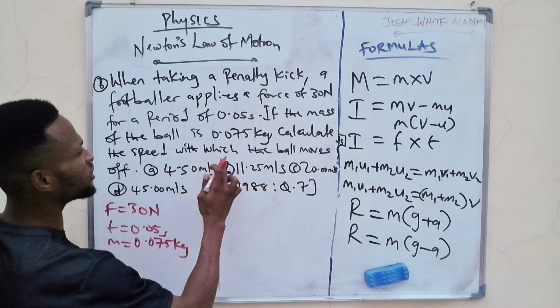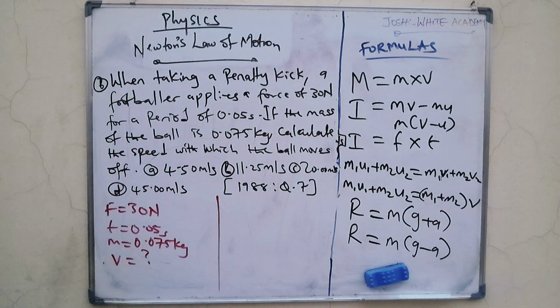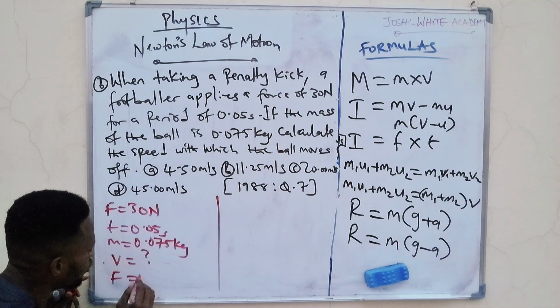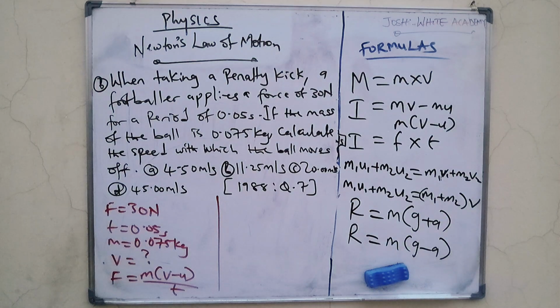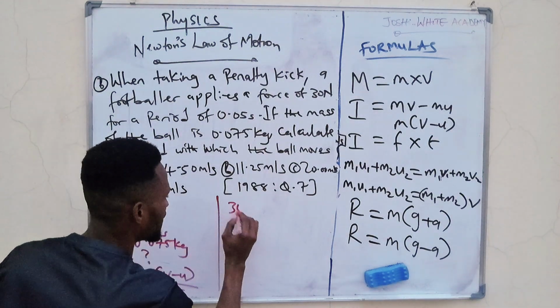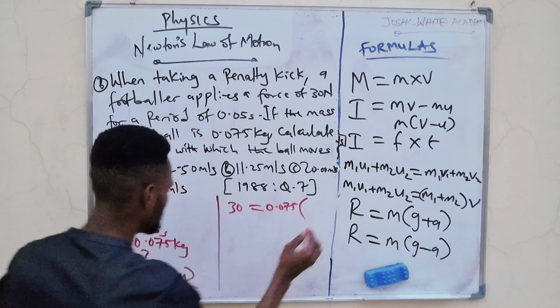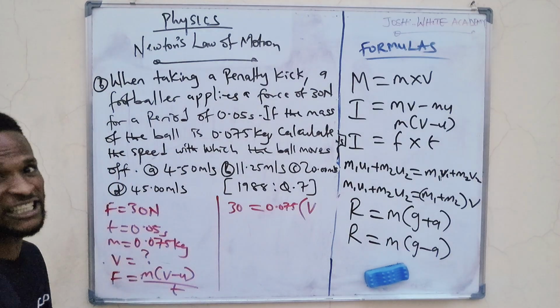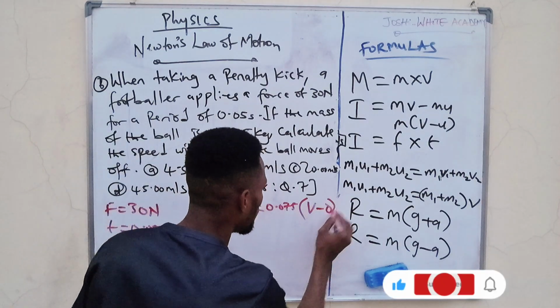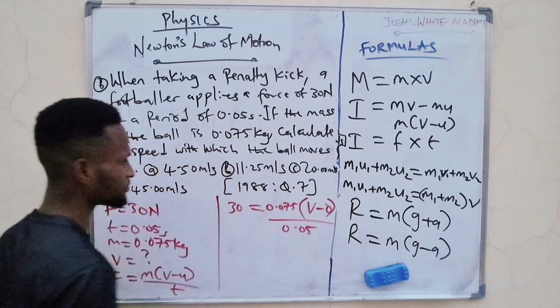Calculate the speed at which the ball moves off. We are finding our final velocity. So this looks like Newton's second law of motion, which is F is equal to M open bracket V minus U close bracket over T. So our force is 30 is equal to our mass 0.075, our final velocity is what we are looking for, our initial velocity, the ball is at rest before it takes the kick, so it's 0, all over our time, which is 0.05.